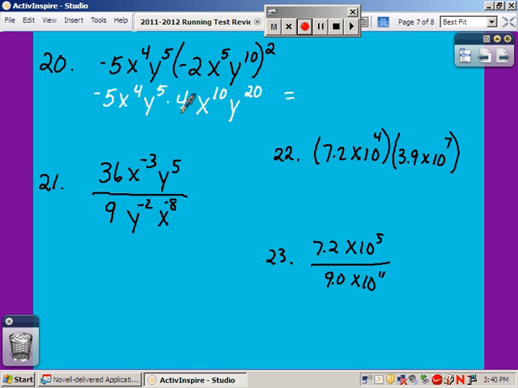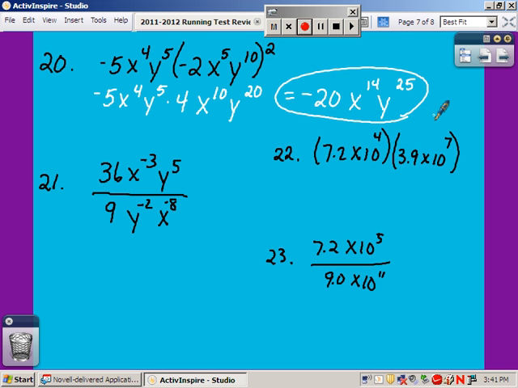The actual numbers get multiplied. Negative 5 and 4, that's negative 20. And the variables, they got an x term here and an x term here. That's when you add the exponents. So this one is x to the 14 and y to the 25th. That is the final answer.